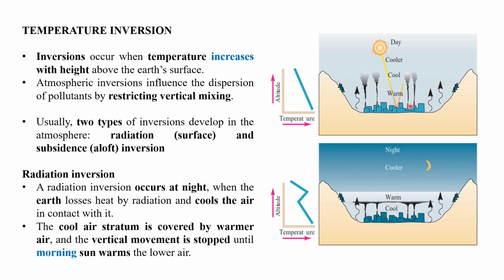So that's why the layer adjacent to the earth will be warm, then cooler above in daytime, as the sun rays come to the ground surface. So what we can say, it just gets the troposphere: the temperature goes on decreasing with the altitude. We can see the diagram. Temperature decreases as per the altitude. But this is the inversion condition and this is the normal condition, which occurs in the troposphere.